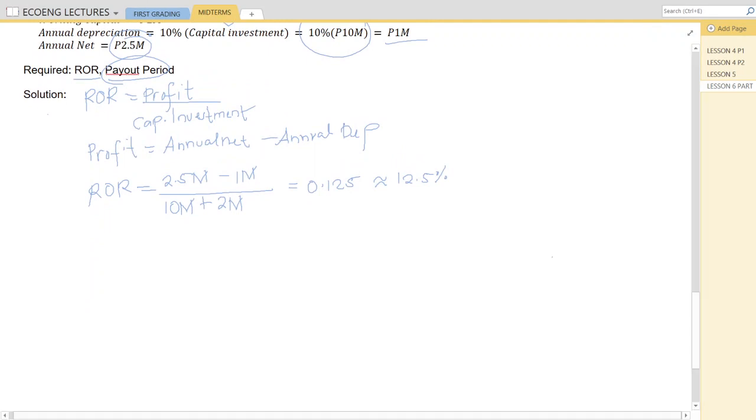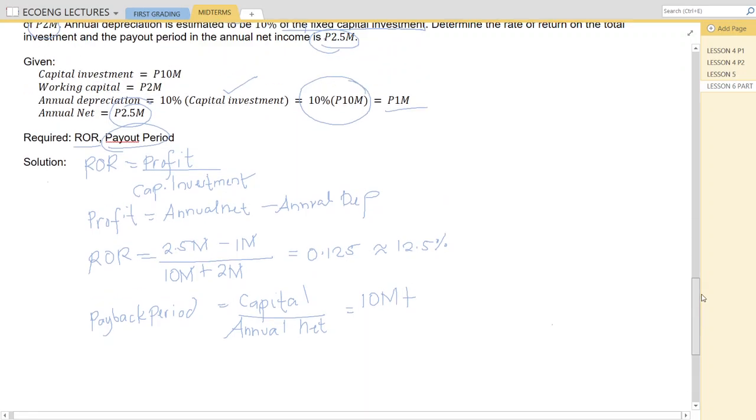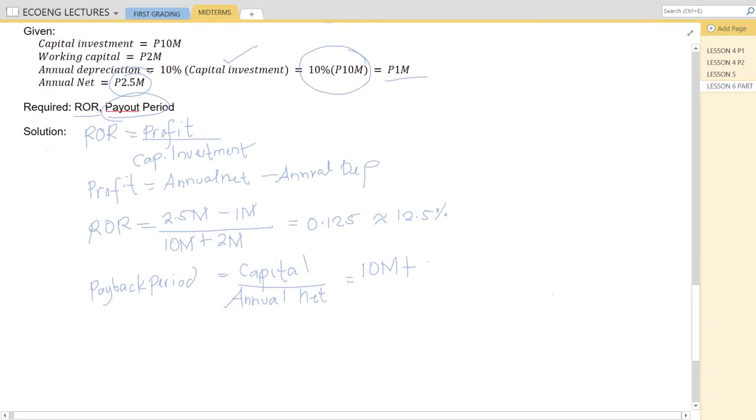And then for the payout period, or the payback period, that is computed as capital divided by the annual net income. The total capital will be 10 million plus the working capital, 2 million, and we divide it by the annual net income, which is given as 2.5 million.